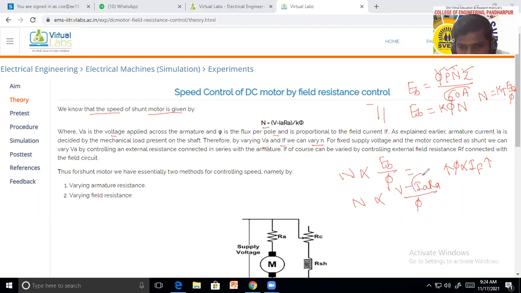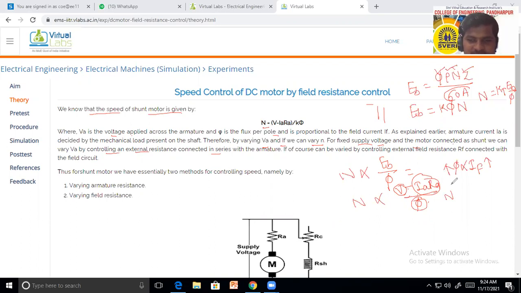Okay, considering the constant condition, by varying the terminal voltage V and by varying the flux φ, we are controlling the speed. Now again here the supply voltage or the armature voltage is kept constant. For a fixed supply voltage and the motor connected as a shunt, we can vary Va by controlling an external resistance connected in series.